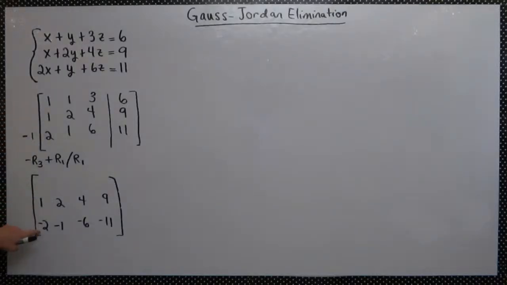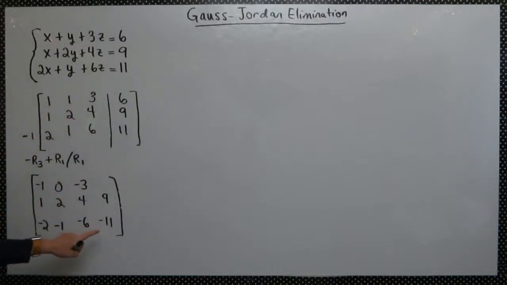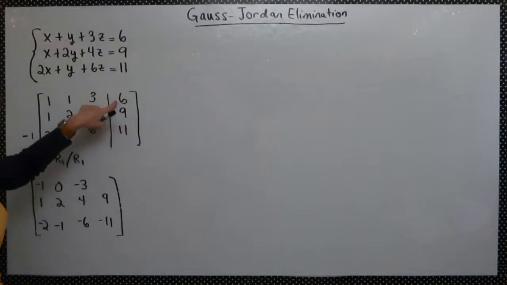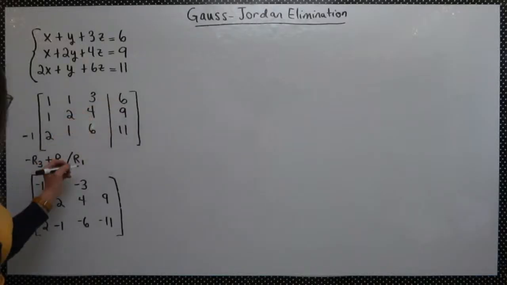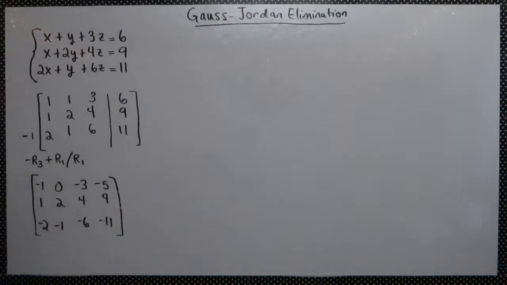So this will be -2 plus 1 will be -1. -1 plus 1 is 0. -6 plus 3 is -3. And I have -11 plus 6 is -5. All right, so I have a 0 established.